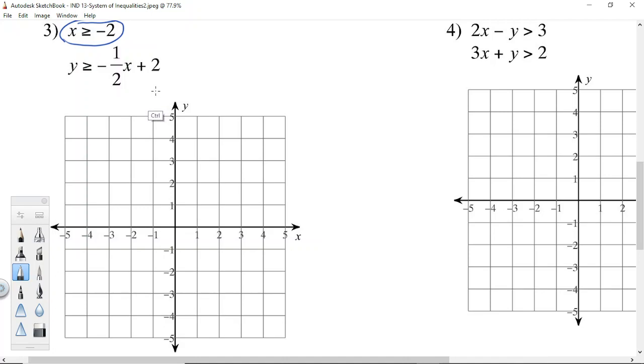So we look at the line x equals -2. So that is right here. It's a vertical line. It's where x is -2.